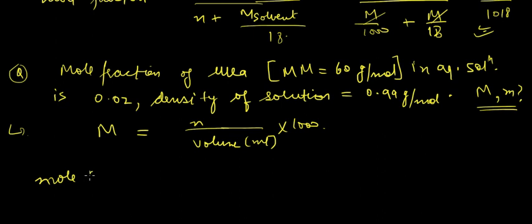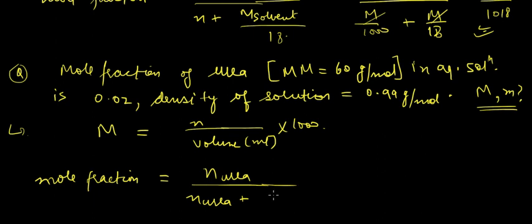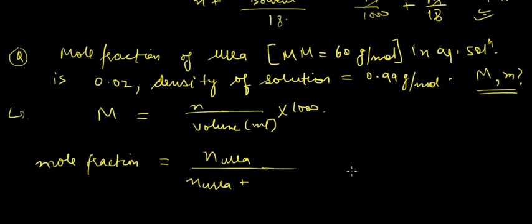Mole fraction is moles of urea, I'm writing n urea, over n urea plus mass of solvent over 18. This would be the moles of water, and moles of urea plus moles of water would be the moles of solution.